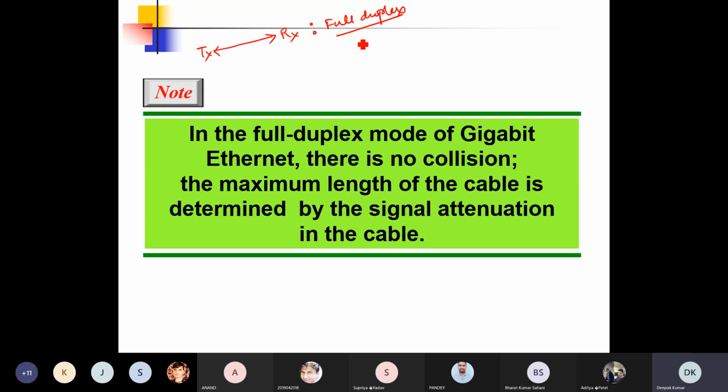It means transmission and reception happen, but only one at one time. Transmission and reception of data is not possible at the same time.